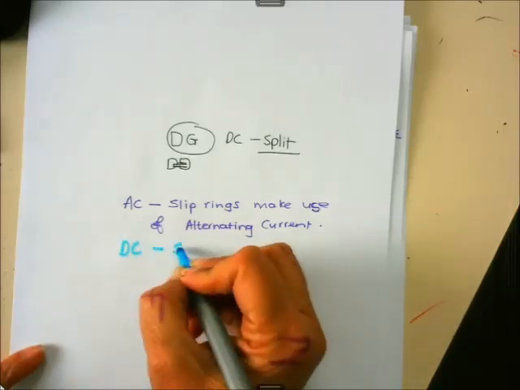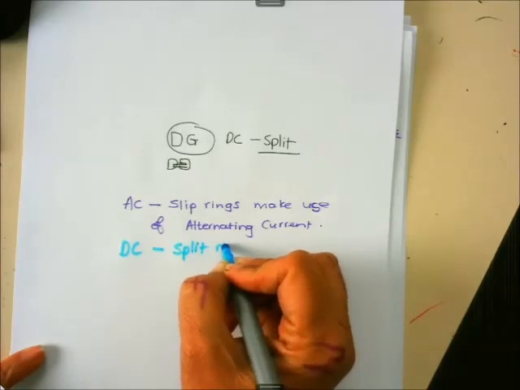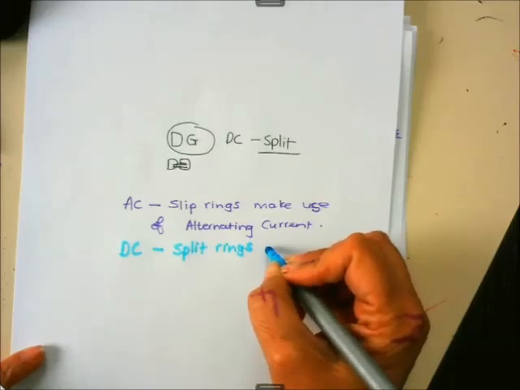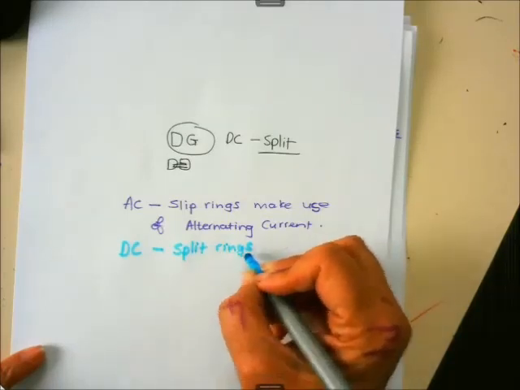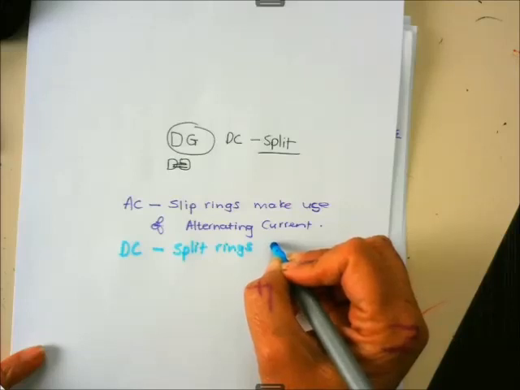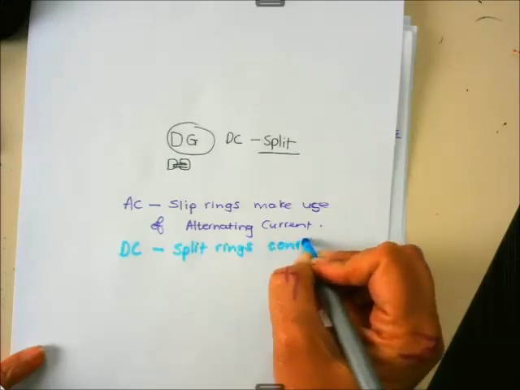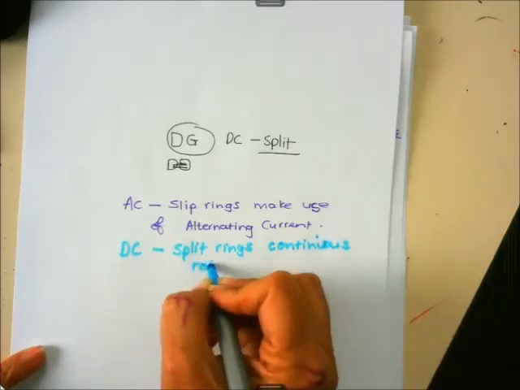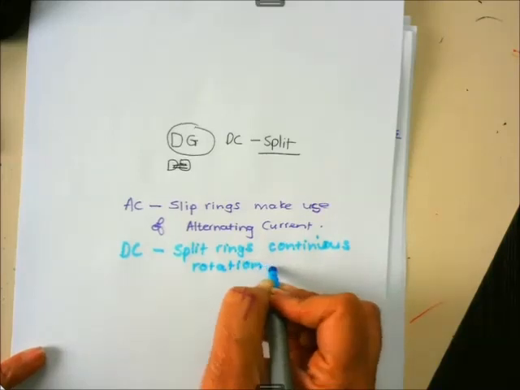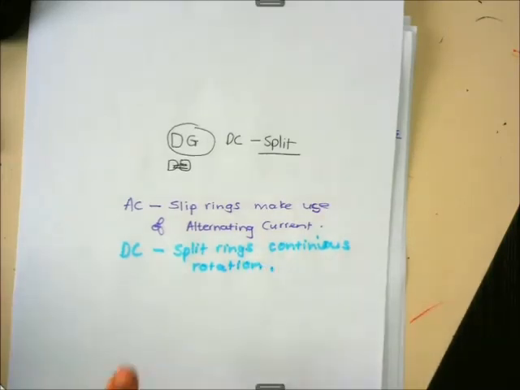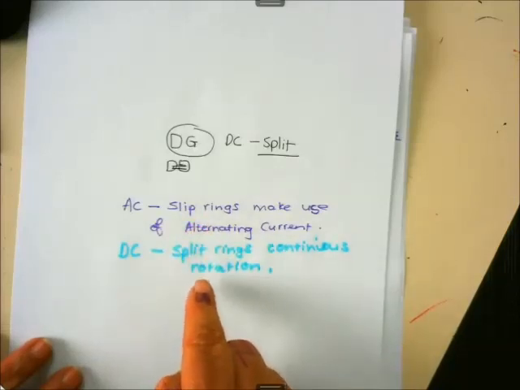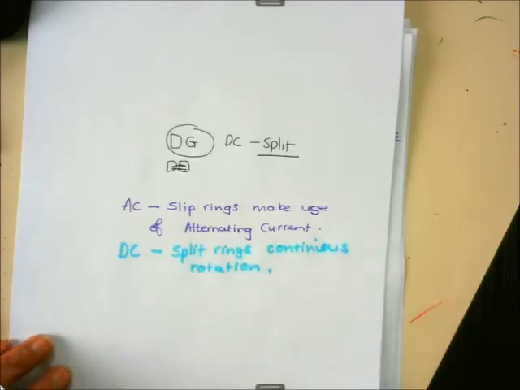DC motors have split rings, which ensure that there is continuous rotation. So your main difference is that the one has slip rings while the other one has split rings. And then, of course, the one that has split rings makes use of direct current.